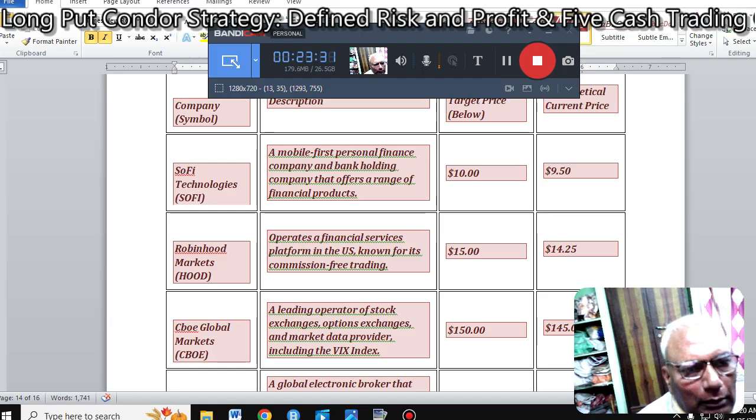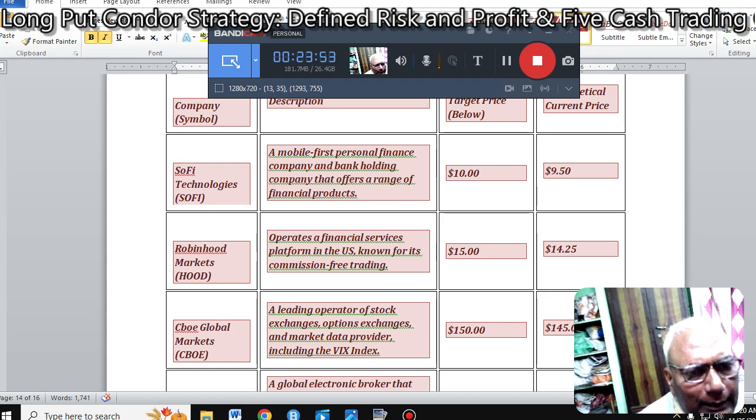SoFi Technologies, a mobile-first personal finance company and bank holding company that offers a range of financial products. $10, $9.50.